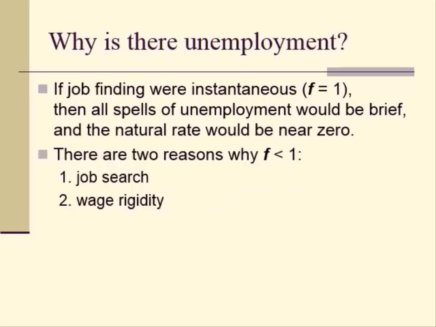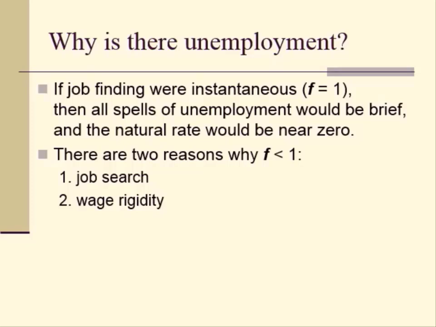Now let's stop for a moment and try to answer this question. Why is there unemployment? If job finding were instantaneous, F equals 1, that is, all who seek jobs find them, then all spells of unemployment would be very brief, and the natural rate would be near 0.